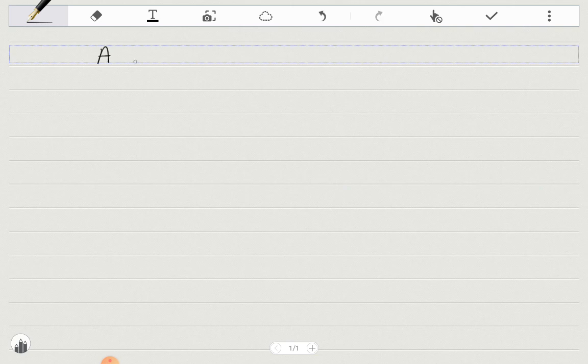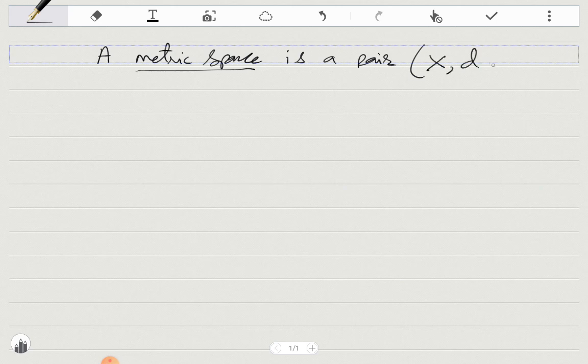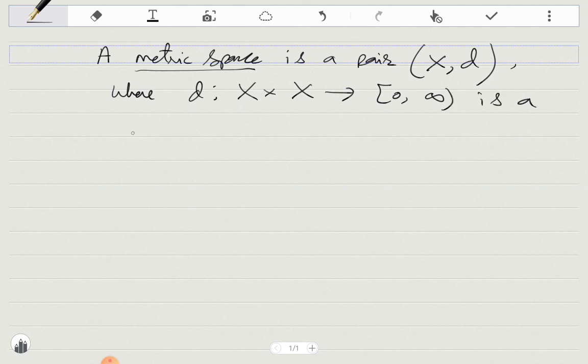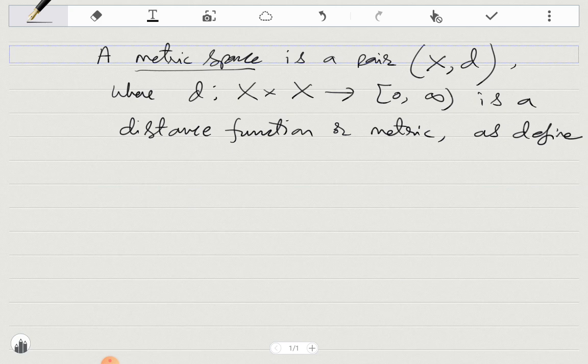A metric space is a pair consisting of a set X and a function d from X cross X to [0, infinity), a distance function or metric as defined earlier.